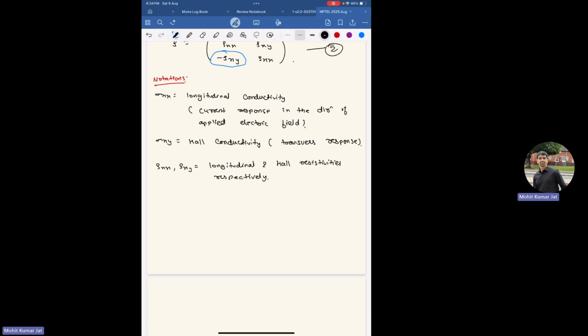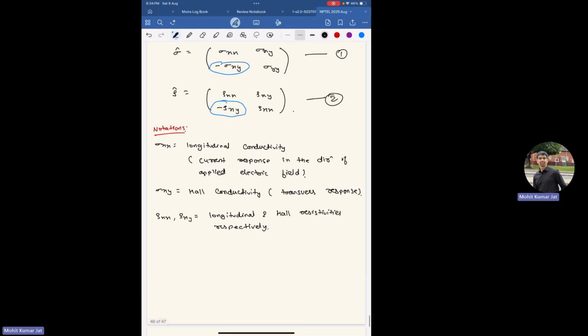Then if I already have sigma xx and sigma xy, I can take rho in terms of sigma inverse.